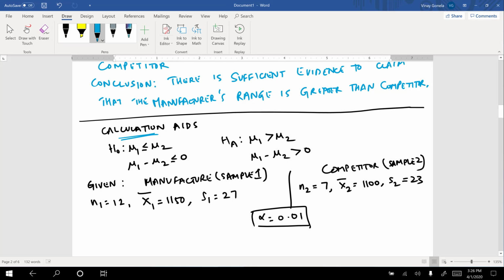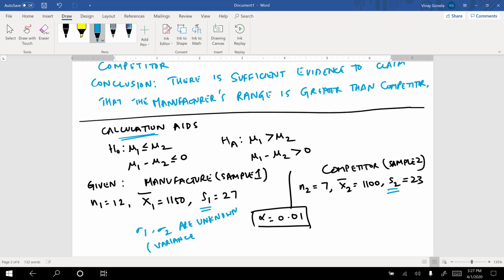Since if you go to our sheet, we have our sample standard deviations, our sigma 1 and sigma 2, which are population standard deviations, are unknown. So the other way of saying this is population variances are unknown. Variance and population standard deviation are one and the same.